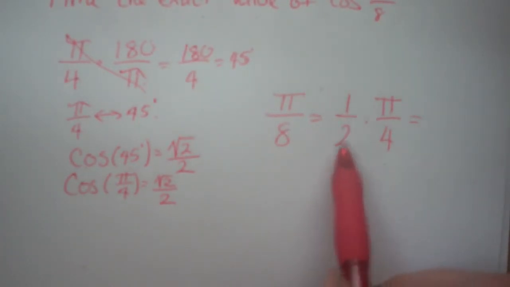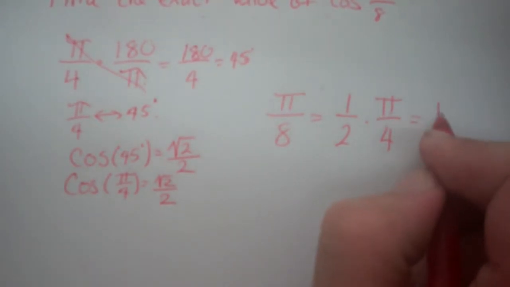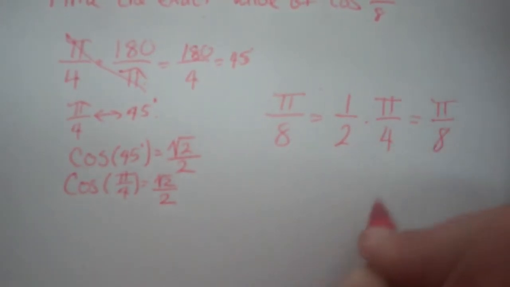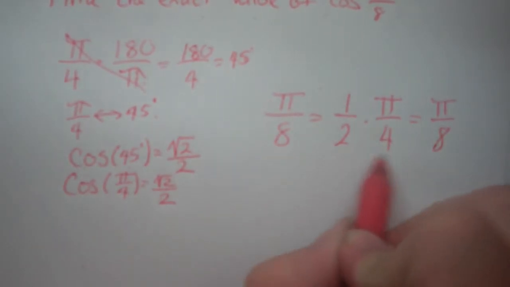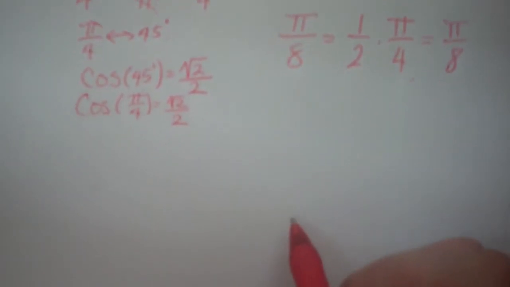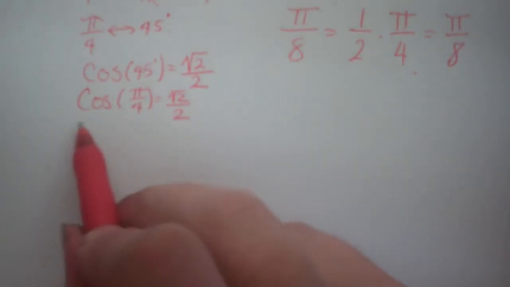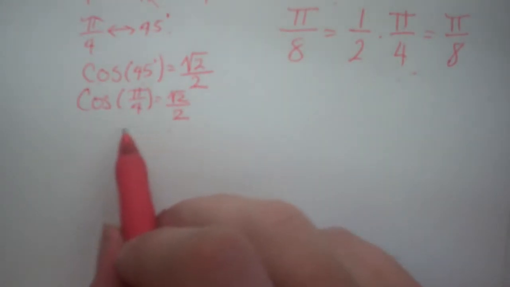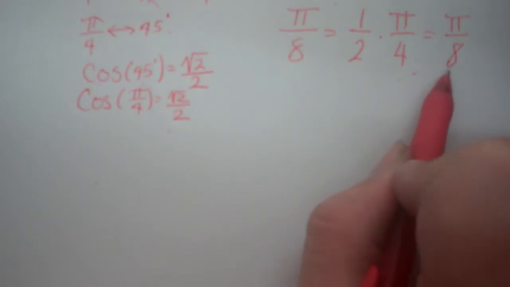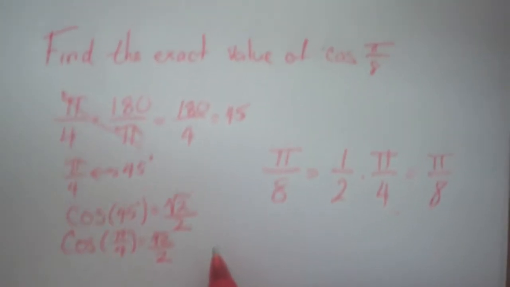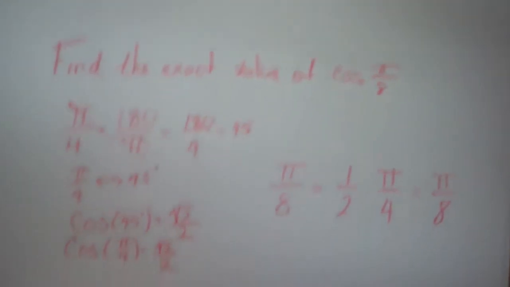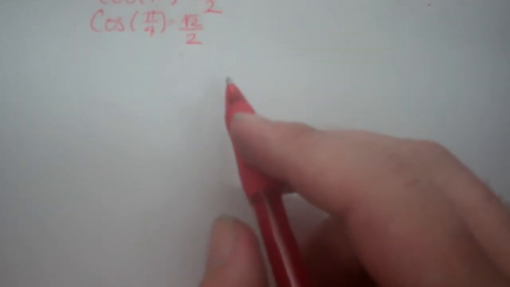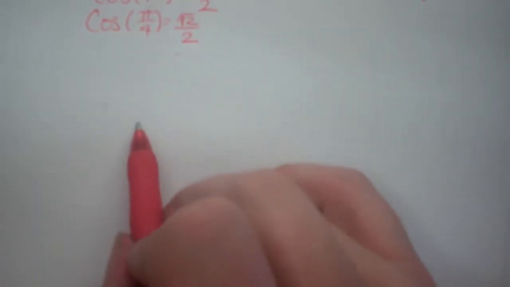And so 1/2 of pi over 4 is indeed pi over 8. Why is that useful? Well, it's useful because whenever we know the cosine of pi over 4, we should be able to get the cosine of pi over 8, which is what it's asking us to find, by using the formula that relates half angles to whole angles.